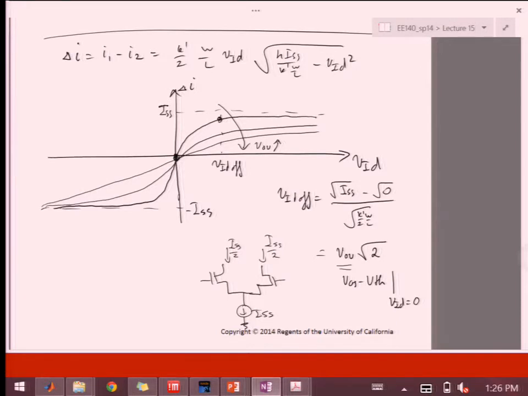So you see from this factor over here that this is really our VID off. Right? So VID off is proportional to a square root of ISS and K prime over L. So by tweaking what this is, I can essentially expand my region of operation.